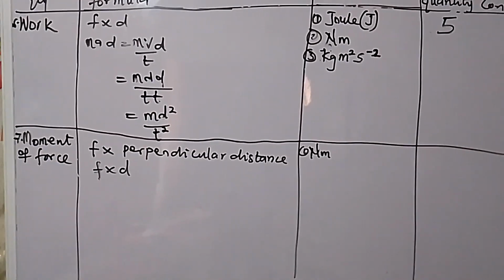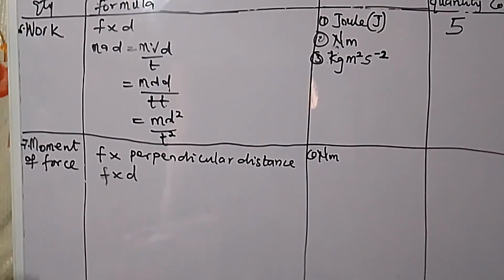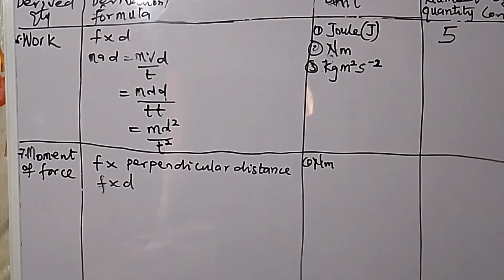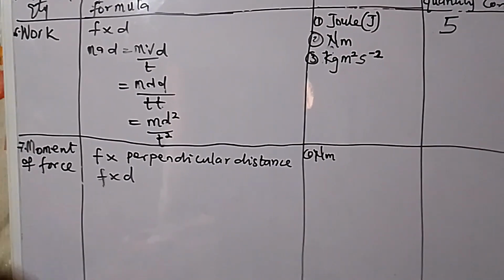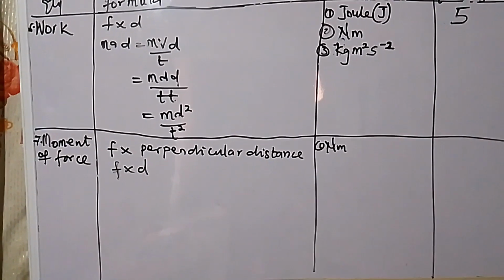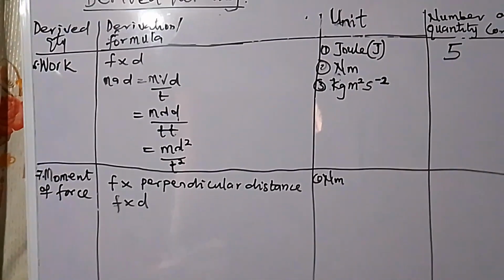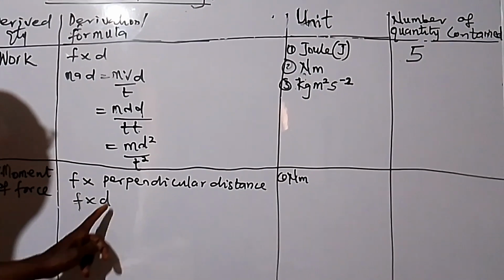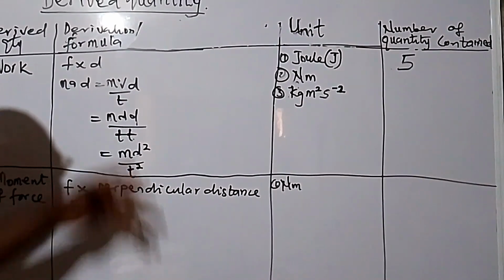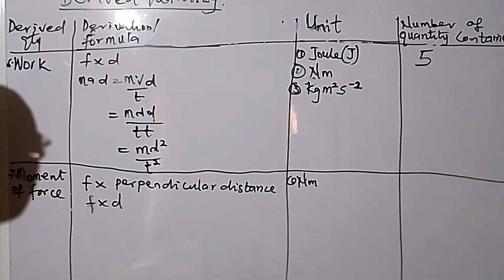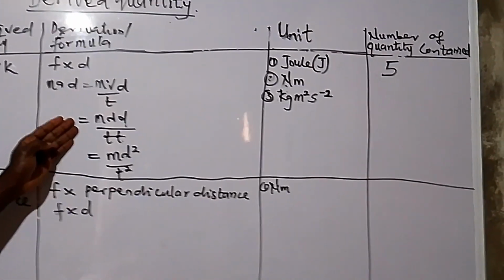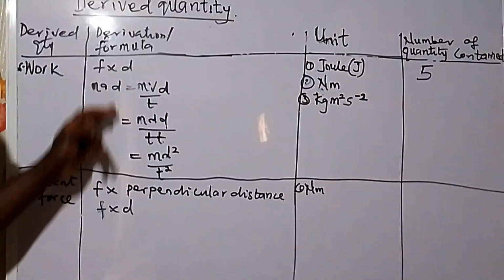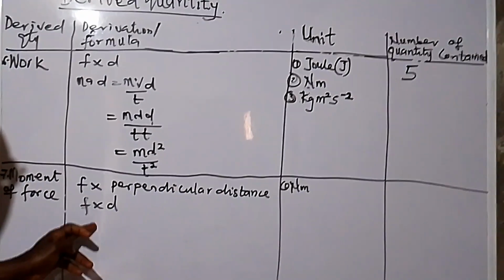Now, to know the number of quantities that moment of force also contains, we need to express it further as that of work. Since this is force and this is distance, without wasting our time, you can now say that everything we've done for work, right from this point, will be equal to that of moment of force also.